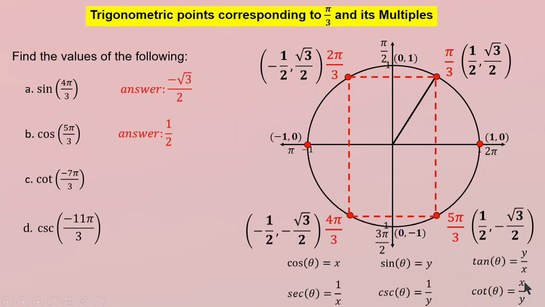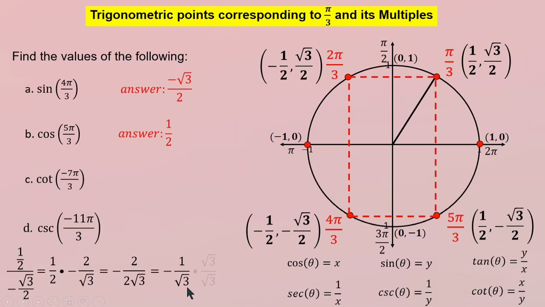Cotangent is equal to x over y, where x is 1/2 while y is negative square root of 3 over 2. And this is equal to 1/2 times negative 2 over square root of 3, the reciprocal of the denominator. 1 times negative 2 is negative 2, over 2 times square root of 3 is 2 square root of 3. Cancel out 2, we get negative 1 over square root of 3.